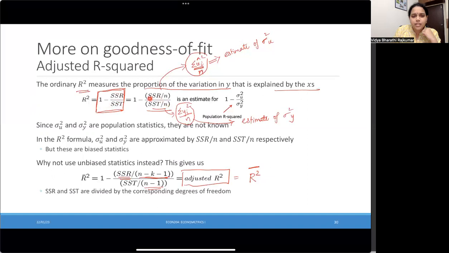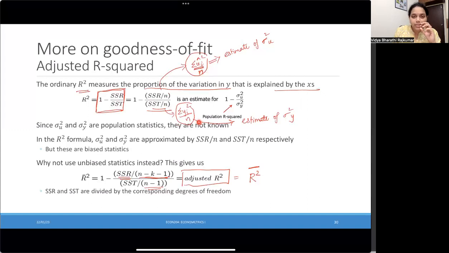Now, what are these terms in the brackets here? SSR by N is nothing but the sum of u_i hat squared divided by N, and that is the sample analog of your population error variance. So if the population error variance were given by sigma squared u, the sample analog of that is given by this particular expression. Similarly, if the population variance of y is given by sigma squared y, the sample analog of that is given by the sum of y squared deviations divided by sample size.